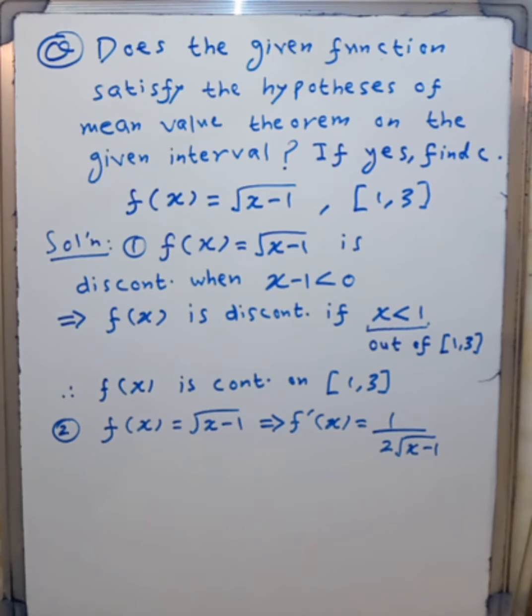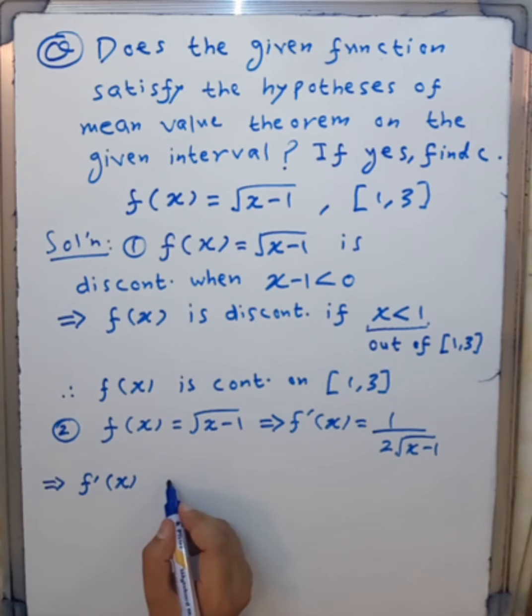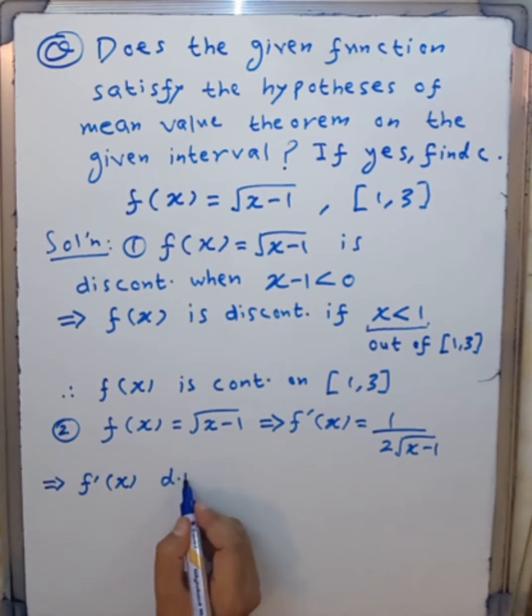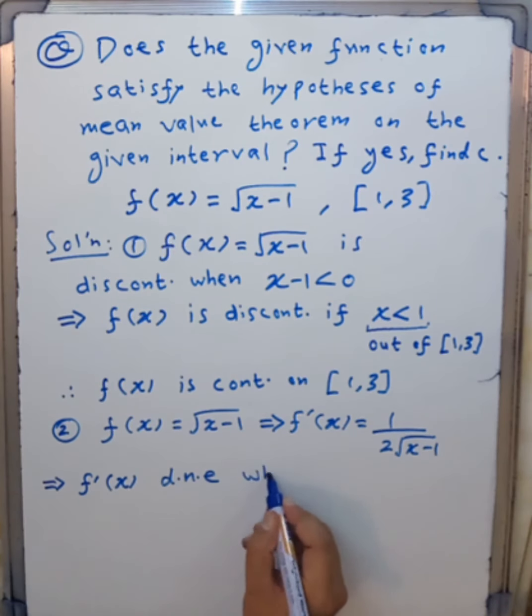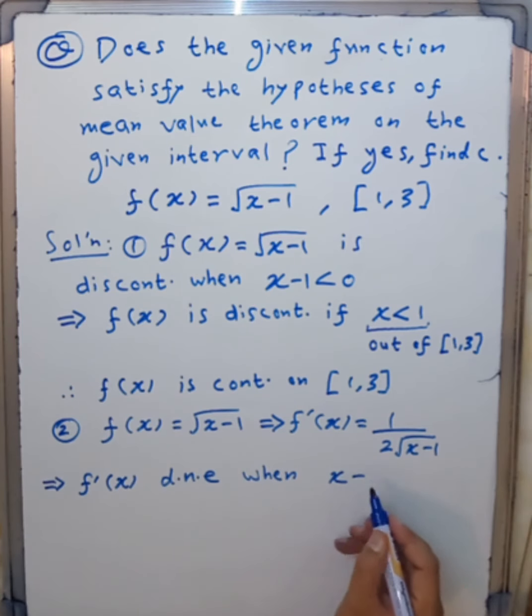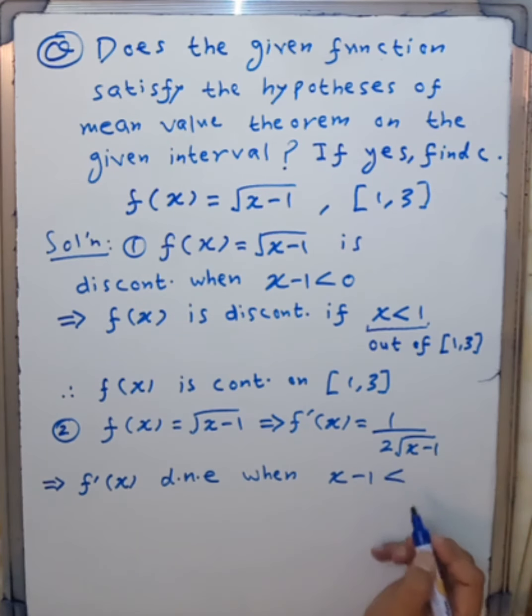If we observe f prime, we can easily say that f prime does not exist only when x minus 1 is less than 0 or equal to 0.